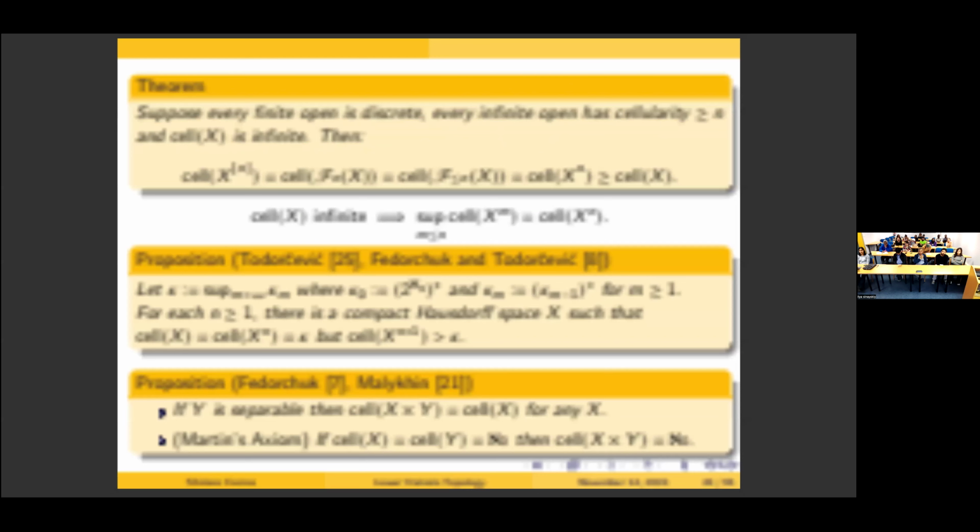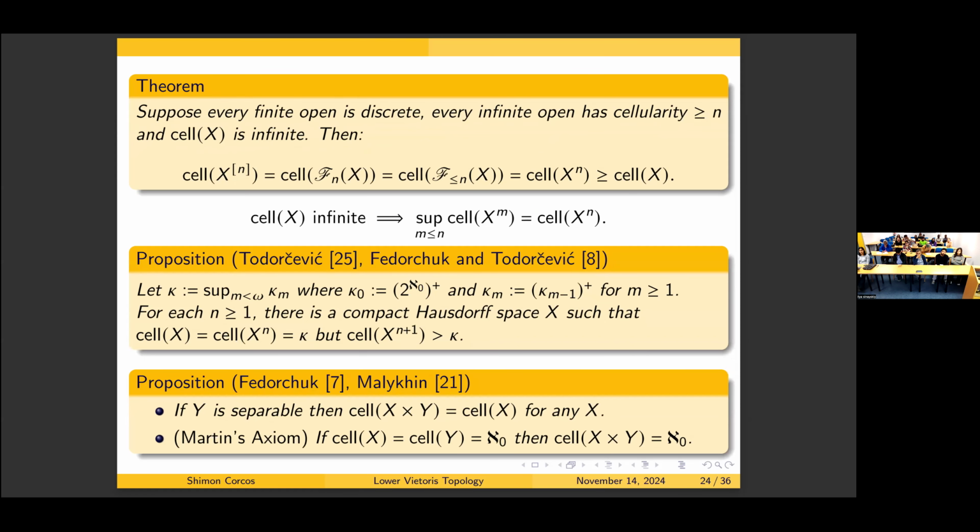And so we have our theorem, which says that if you have a space where every finite open is discrete and every infinite open has cellularity n, and you know that the cellularity of X is infinite, then the cellularity of all these spaces is the same. It is also greater than or equal to the cellularity of X.